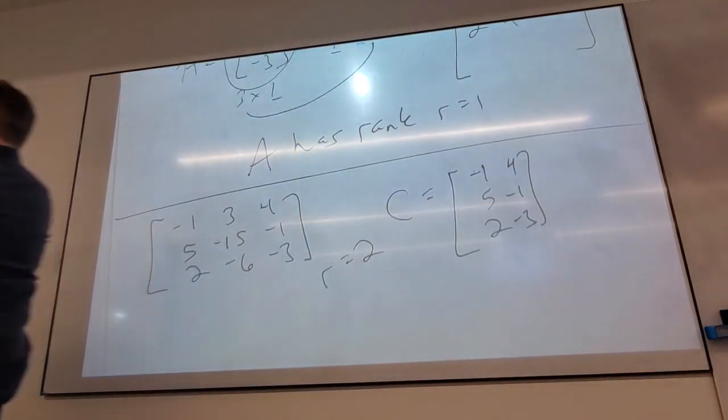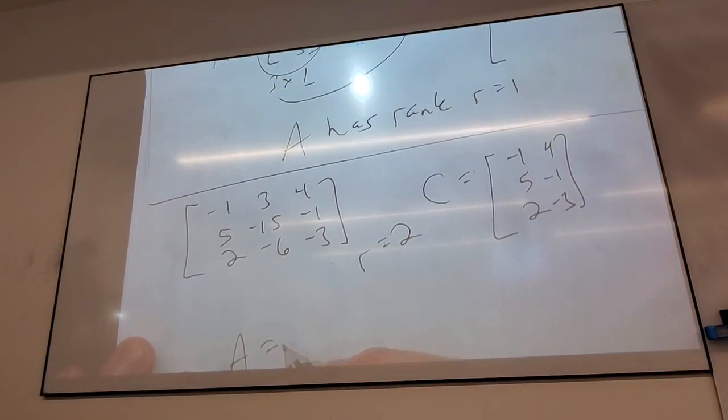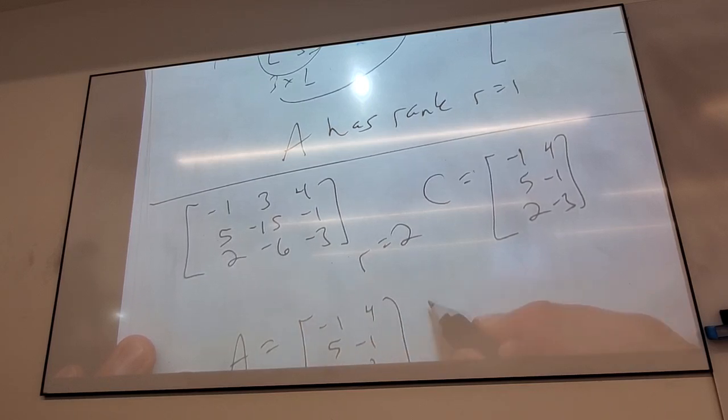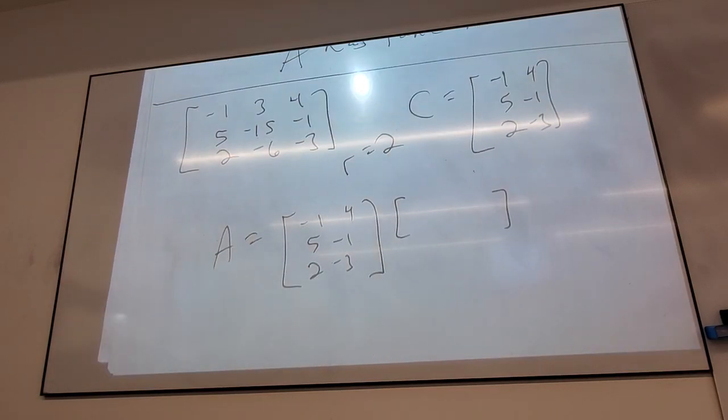So what I want to think about, and this is going to be definitely more difficult than this was, if I have C, I have to consider, what do I multiply that by to end up with A? So here's one thing to realize right off the bat.